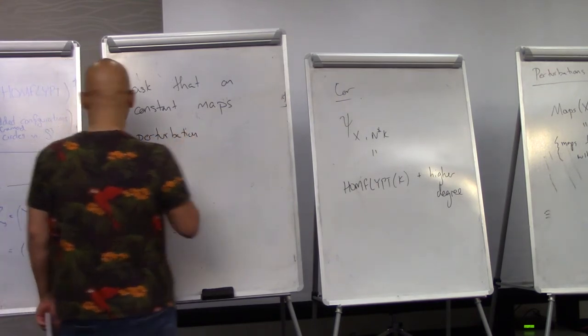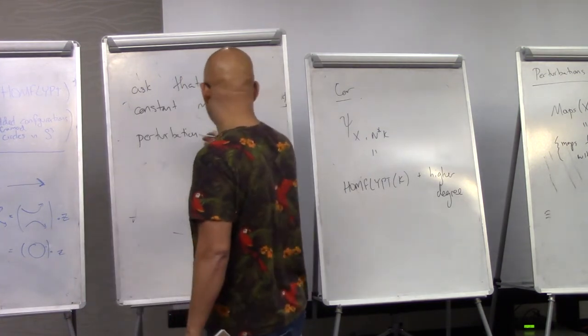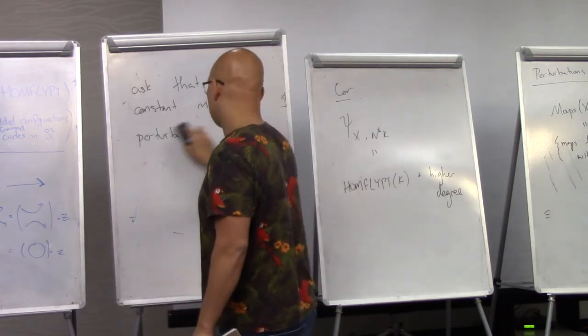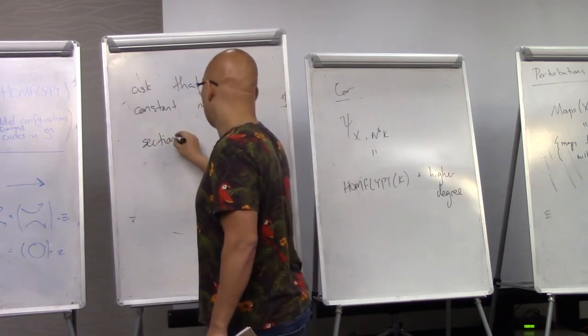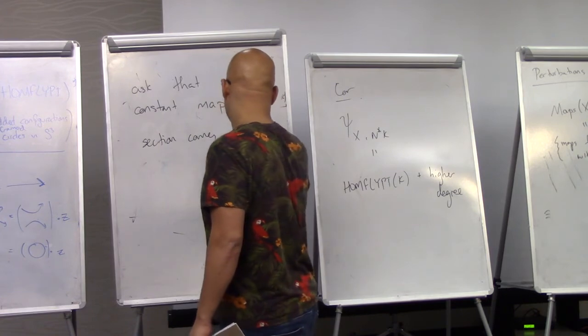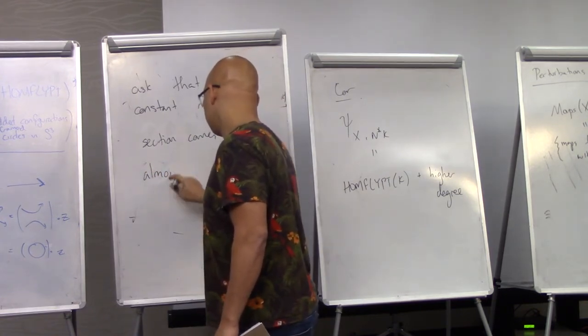On irreducible components on which the map is constant, I ask that this section comes from an almost complex structure, and in particular, those maps should still be constant.